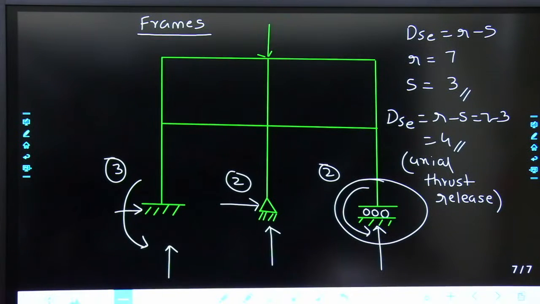So till now any doubts up to here? Sorry if my pronunciation is wrong. Any doubts up to the frames?